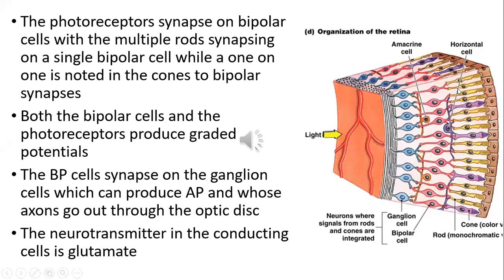Now, these are the different types of cells that you're talking about. As you can see, we have what we call the cones, here depicted in purple, and we have this other type, known as the rod cells.